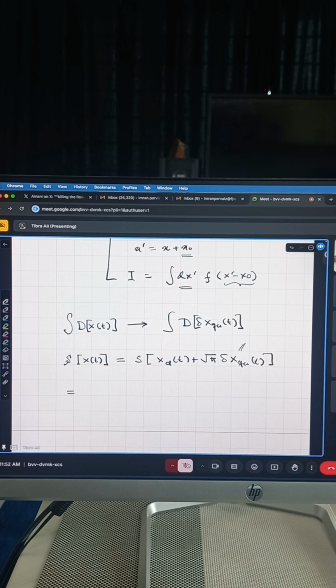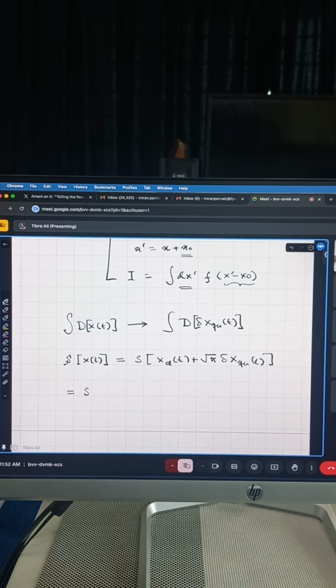Its dimension will be determined by this thing. So I'm not saying delta Q has dimension of length. Okay? It's rescaled.